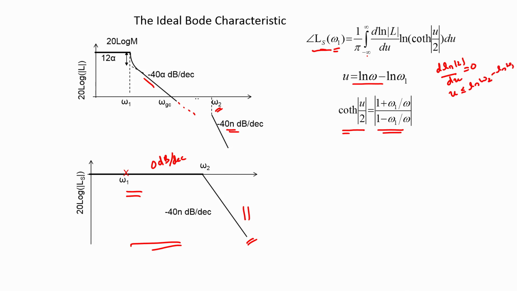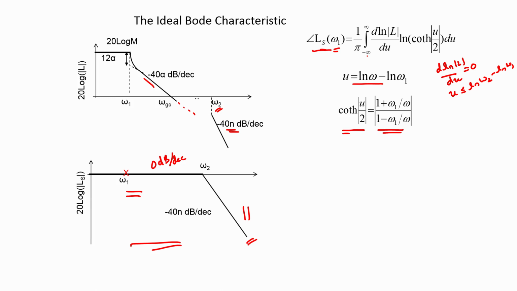So, this is one simplifying step that we can undertake given the special magnitude characteristics whose phase characteristics we are trying to derive. Furthermore, for frequencies omega greater than omega 2, we have a constant slope in the Bode plot of minus 40 n decibels per decade.